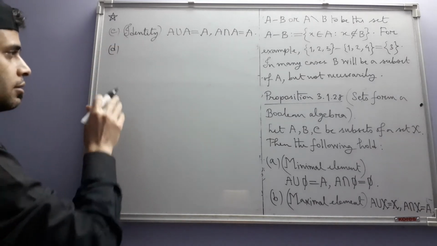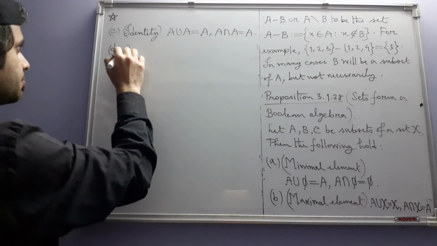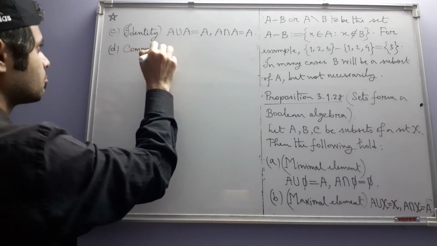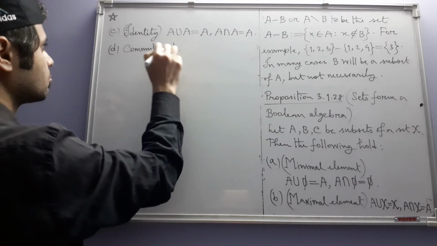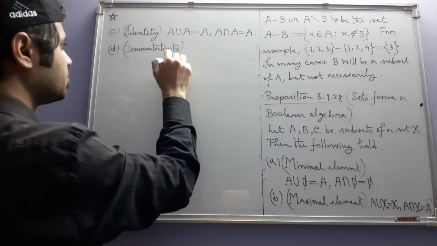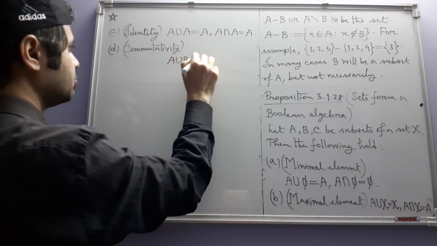Then come the usual laws, commutative laws, associative laws. Commutativity: both the union and intersection are commutative operations.